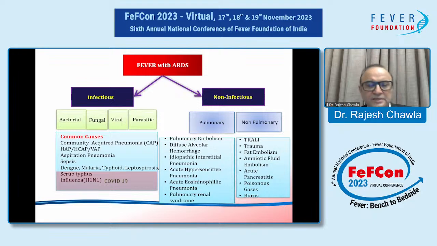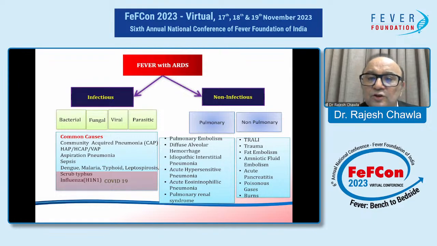Now, if a patient presents with fever and ARDS, it could be infectious or non-infectious. It could be community-acquired pneumonia, viral, bacterial or fungal, or aspiration pneumonia. Of course, the tropical infections, dengue, malaria, typhoid, leptospira, can also cause ARDS. And of course, H1N1 and COVID-19, here and there we do see patients presenting with ARDS.